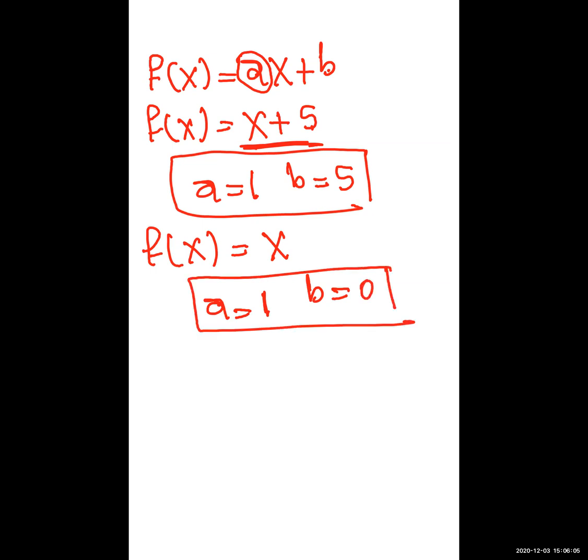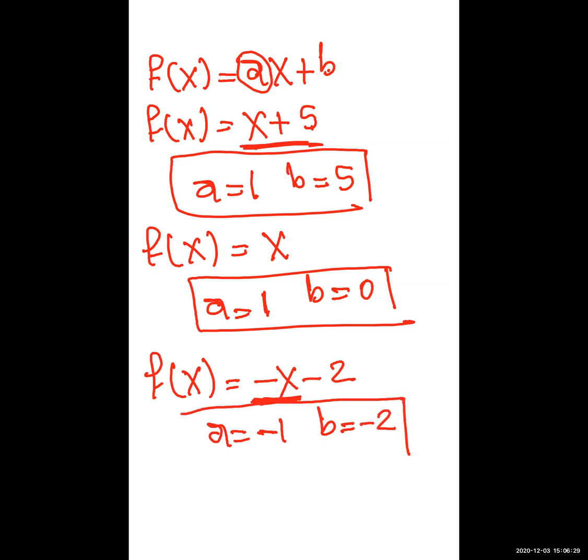Clear? Yeah. If f of x equals negative x minus 2, a will equal the coefficient of x, negative 1, and b will equal negative 2. Are we clear till now, guys? Yes.